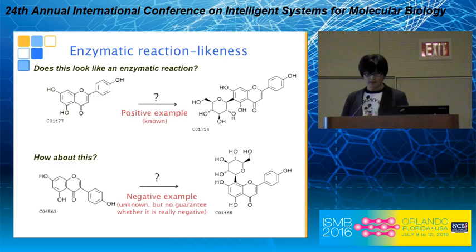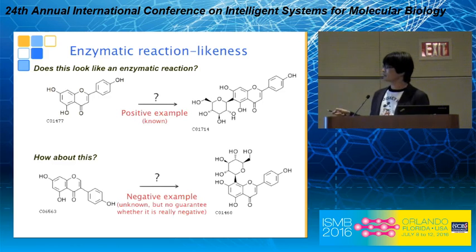Well, in fact, the first example is a positive example, meaning that we know that an enzyme can catalyze this reaction. And the second one is a negative example, meaning that no one knows if any enzyme can catalyze this reaction.